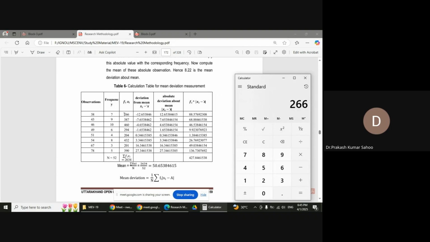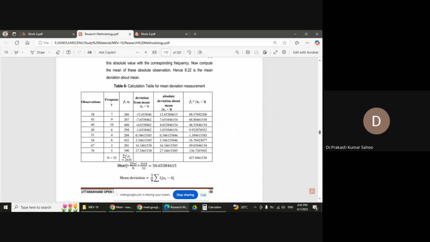Okay, so like this, all these multiplications are put here, and everything undergoes summation, and the value becomes 2634. And we have the total frequency 52. And we have the summation of all these data, frequency into observation, 2634.